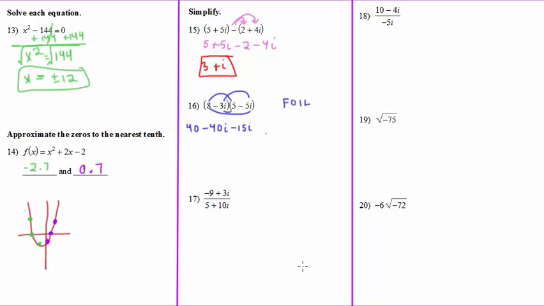Last, negative 3i times negative 5i is positive 15i squared. And then remember that i squared is really a negative 1. And so what this does is it changes this from a plus 15 to a minus 15. And then we're ready to add like terms at this point. 40 minus 15 is 25. Negative 40i minus 15i is negative 55i.